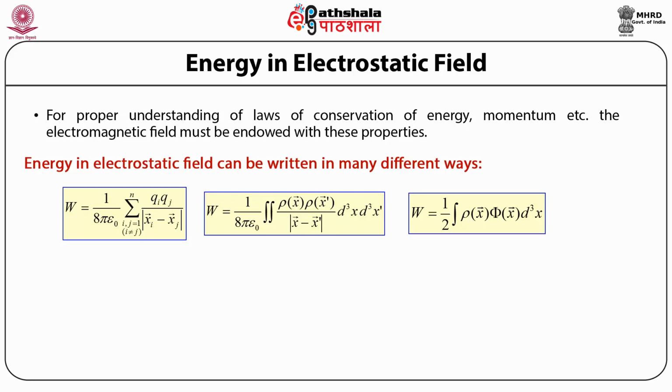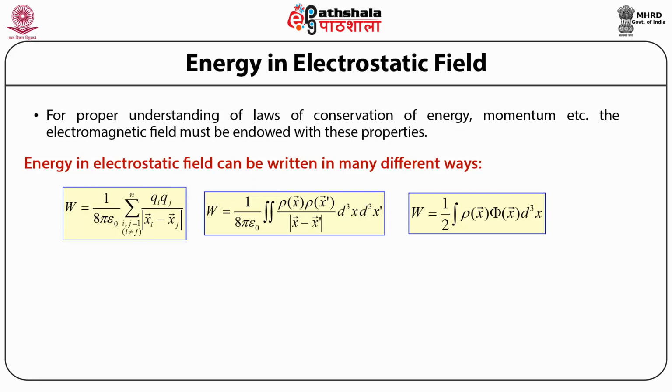The expression for the potential that we get is also contained in the energy expression. The integral of rho of x prime d cube x prime over modulus of x minus x prime is what we know as the expression for the electrostatic potential.